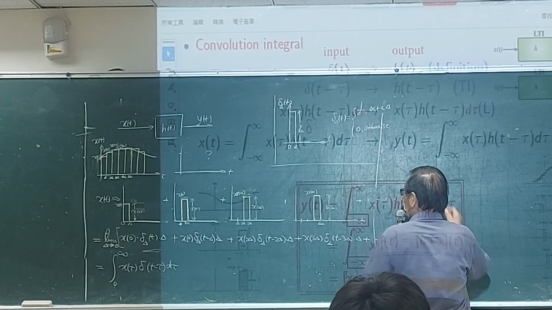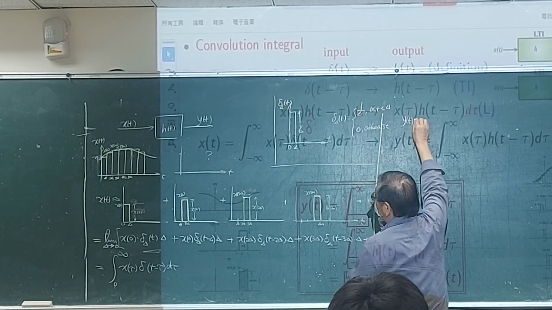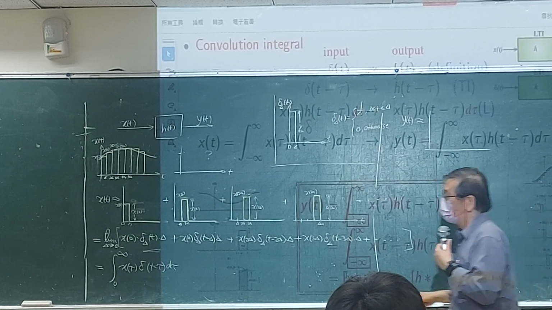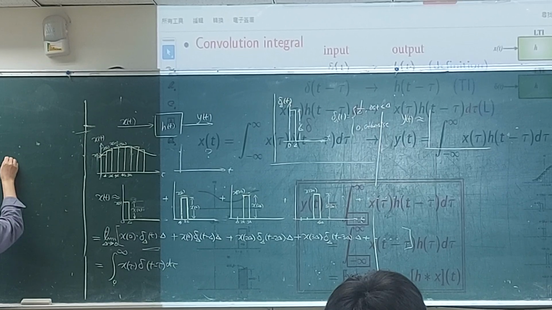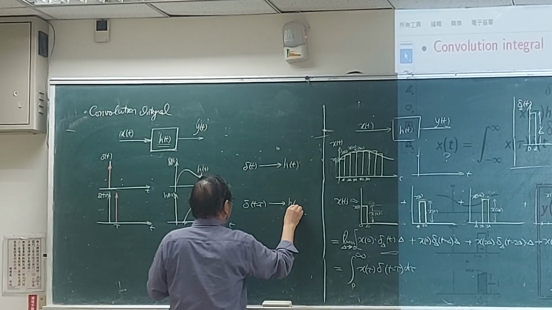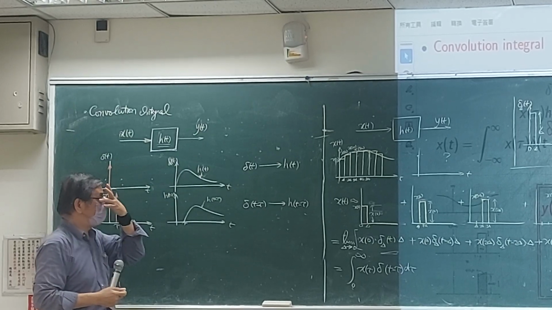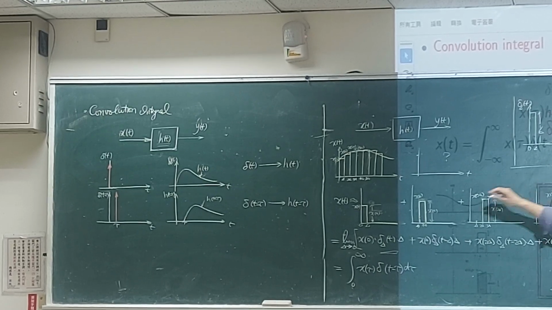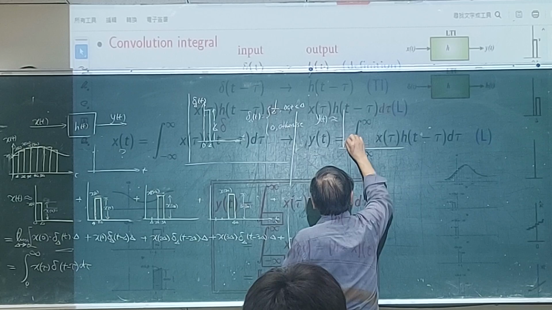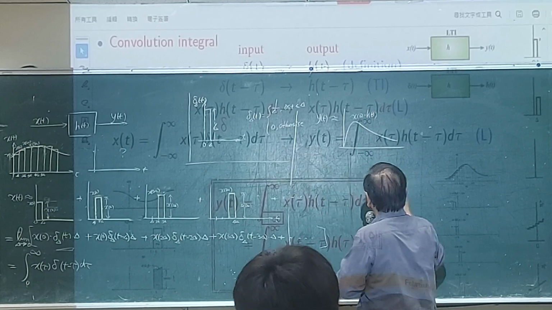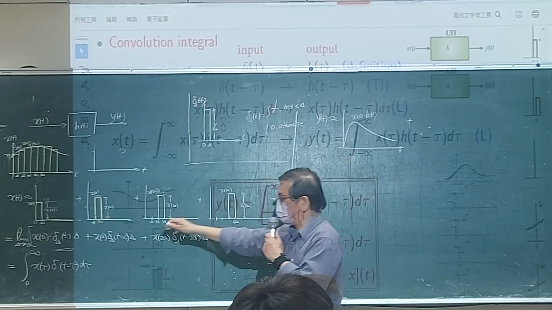For the first strip, if delta is very tiny, the output will be similar to the impulse response, but multiplied by x of 0. This is due to the first strip.